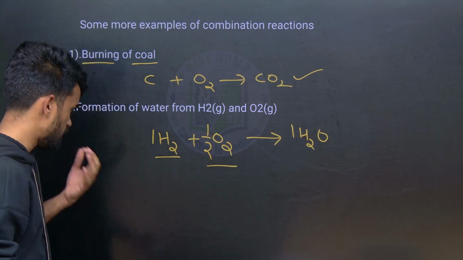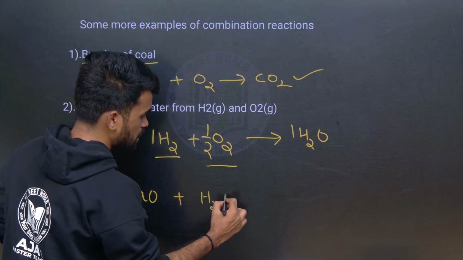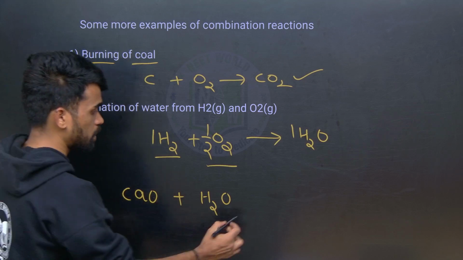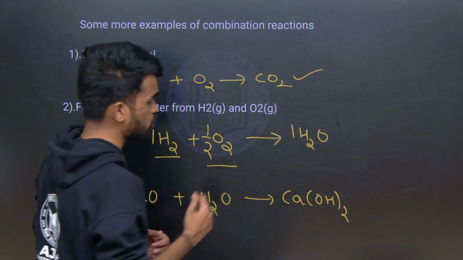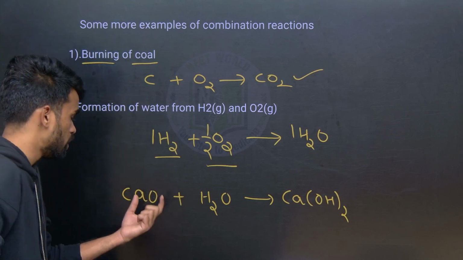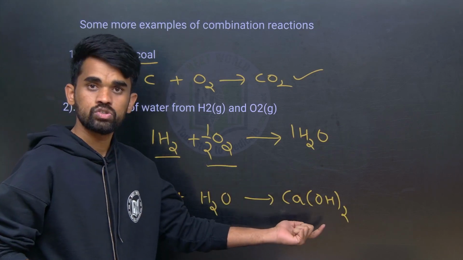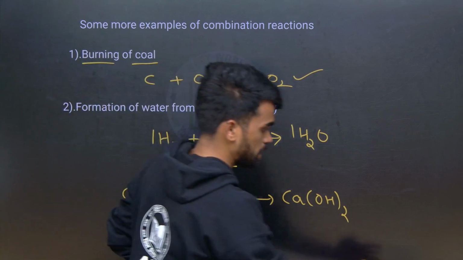Just now we saw calcium oxide as one molecule and water as another molecule. Between two molecules the combination reaction takes place, forming Ca(OH)2. So this is also a combination reaction only. When two or more reactants combine to form a single product, we consider it a combination reaction. I hope it is clear.